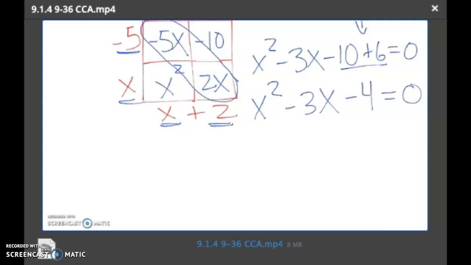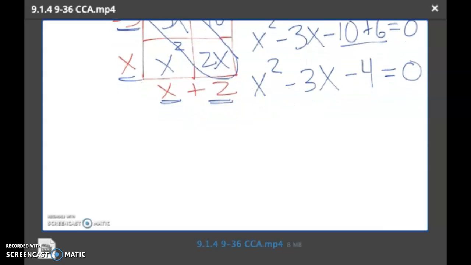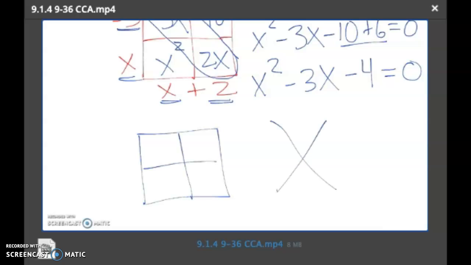Okay, now I've got it in standard form, equal to 0, and now I can go ahead and factor this using my generic rectangle and my diamonds. Set that up. Okay, so my x squared terms go in the bottom left-hand corner, my 1's in the top right. Multiply those together to get the top of my diamond. So x squared times negative 4 gives me negative 4x squared.